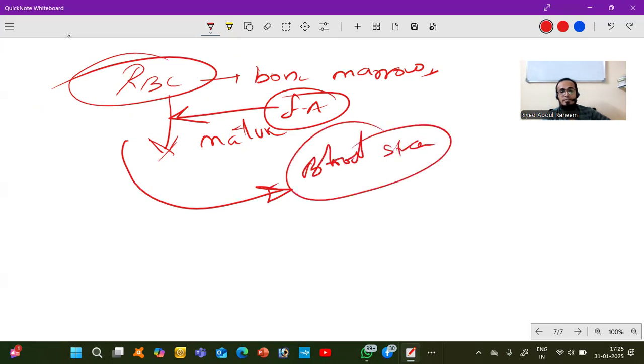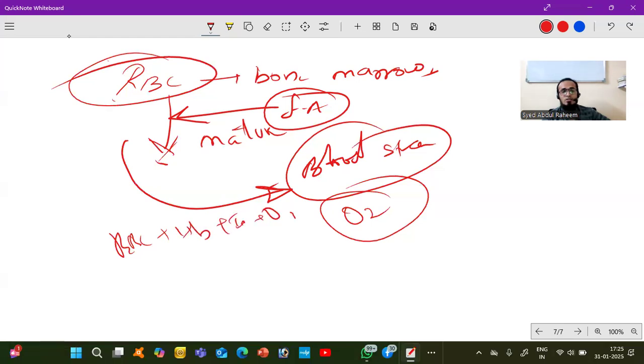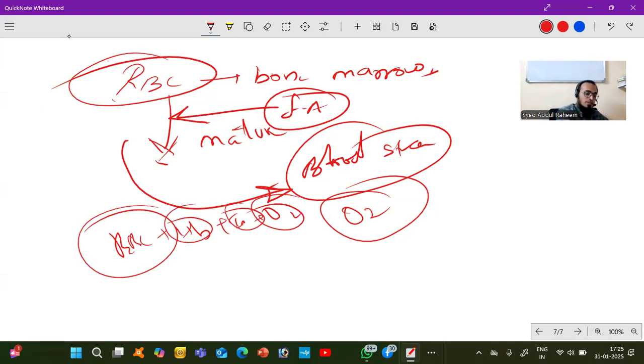But if it is immature, what will happen? The RBC will be destroyed, will become very fragile, unable to carry oxygen, because in the RBC we have hemoglobin, iron, plus oxygen. Everything is there. So RBC needs maturation. Maturation happens due to the presence of folic acid. This is the important function.